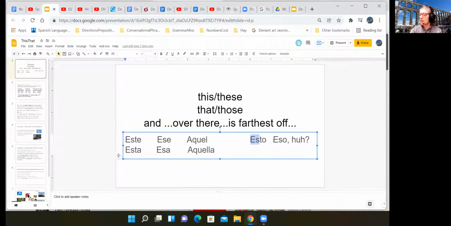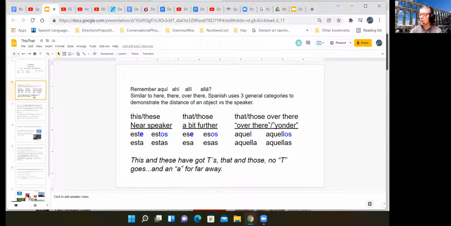And then we're going to talk about these neutral words in a little bit. Okay, but we're going to start with these basics here. Okay, and again, these kind of relate to the idea we had in Spanish of, you know, here and there. It's just that these are talking about a thing. The demonstratives are talking about a thing.